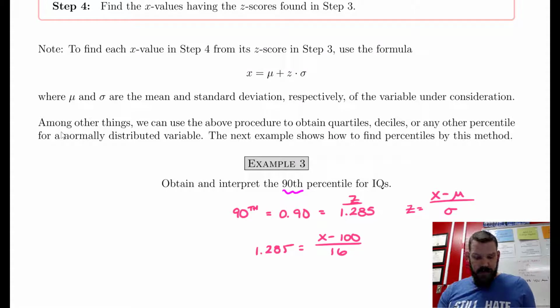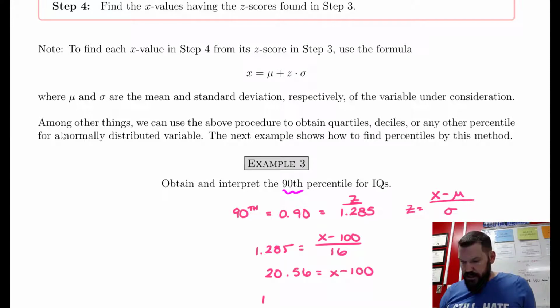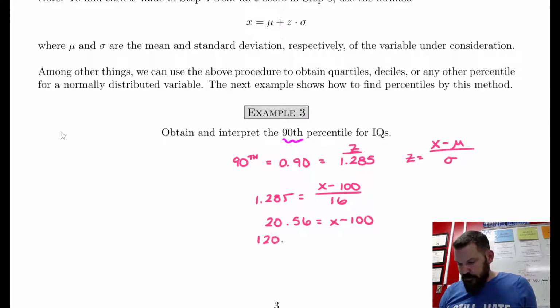We multiply both sides by 16, so we get, eventually if I can get the calculator to work, 1.285 times 16 is 20.56, equals x minus 100. We'll add 100 to both sides, so we get 120.56 is equal to x. So the 90th percentile, we'll round this up to 121.